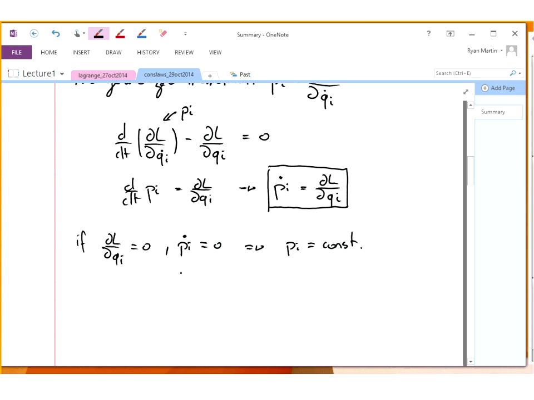So we call this coordinate, if ∂L/∂Qi is 0, then we say that Qi is a cyclic coordinate. And so for each coordinate that is cyclic, the momentum is conserved.